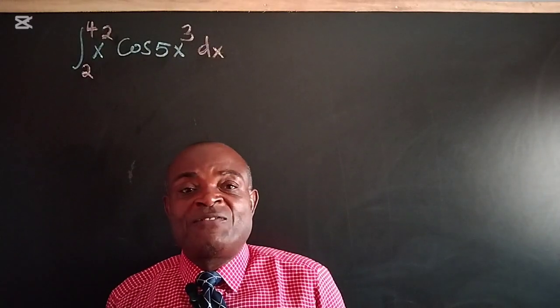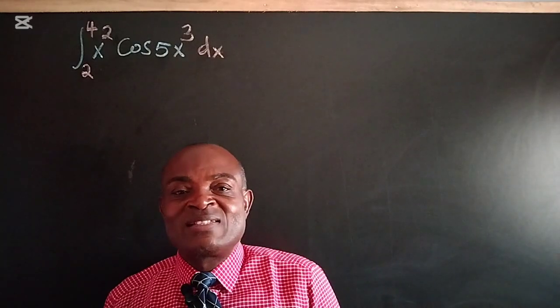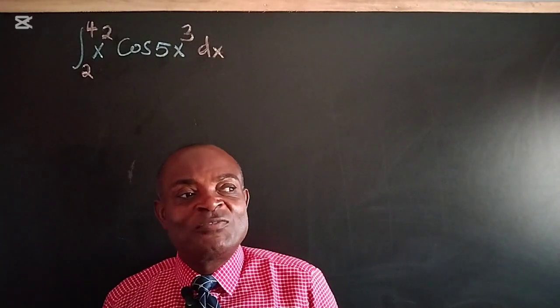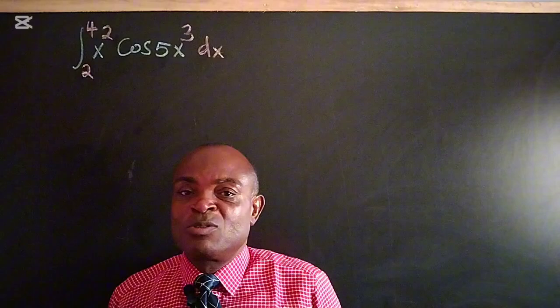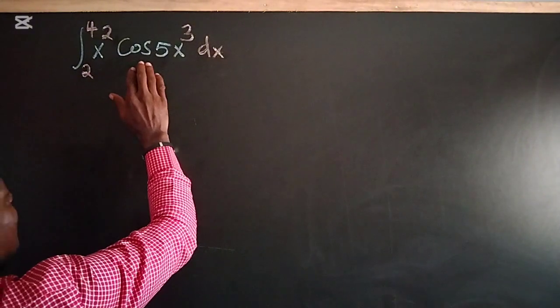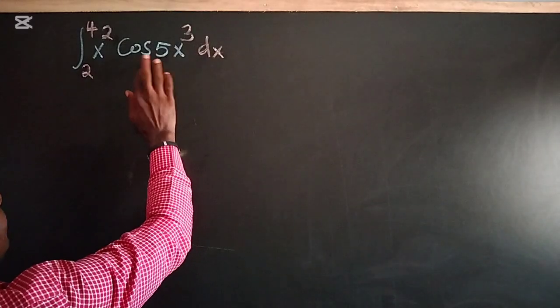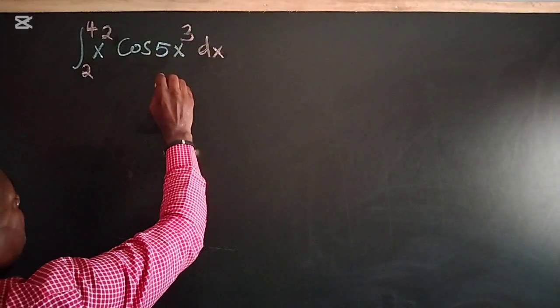In certain functions, there are prescriptions. Depending on the nature of the function, you are expected to choose wisely any of the available methods for integrating a particular function. And in this case, we are dealing with an angular function. All right, we have cos 5x cubed.